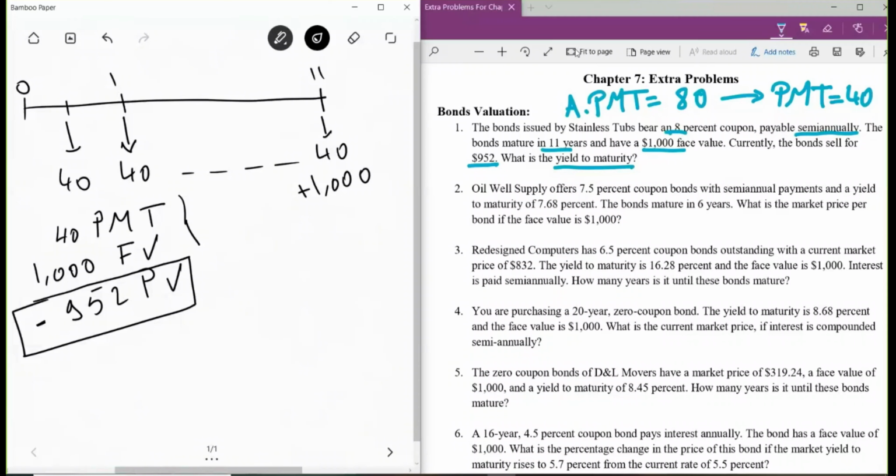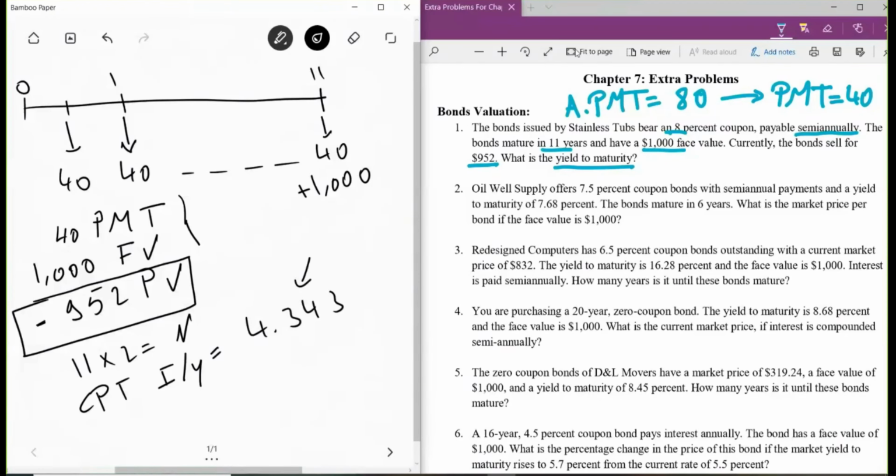Then I have 11 times 2, 22 is N. I compute IY. I have 4.343. Now, this answer is not the yield to maturity.